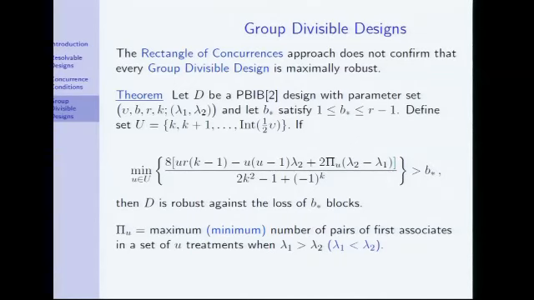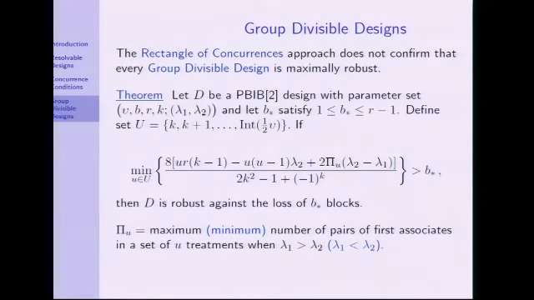What I was able to do was look at the form of the PBIB2 designs in particular and replace the term lambda k by this expression. Look at the numerator, ignore the 8.